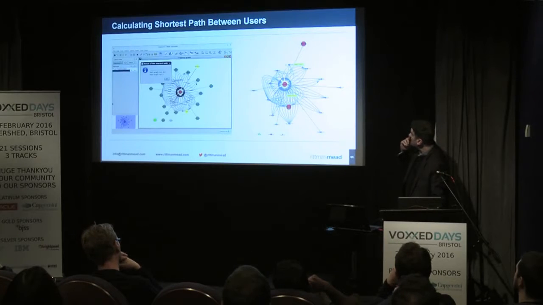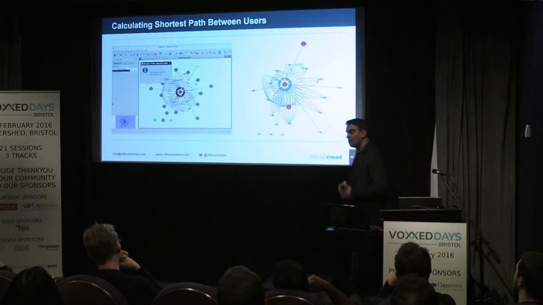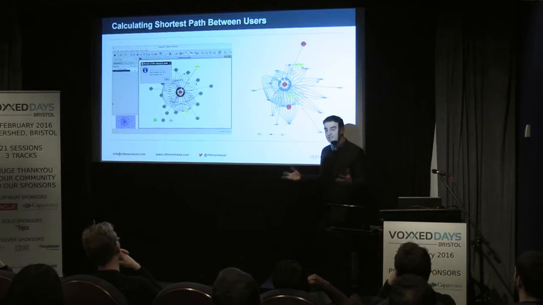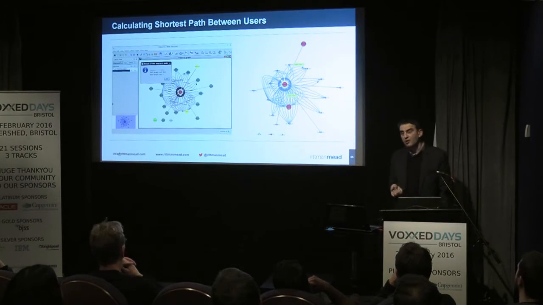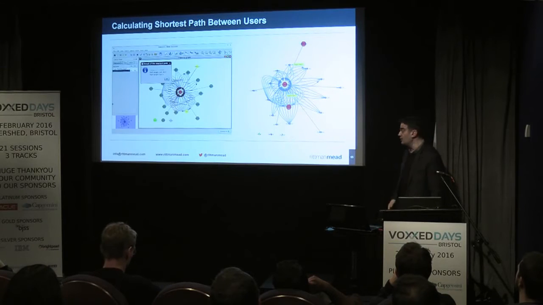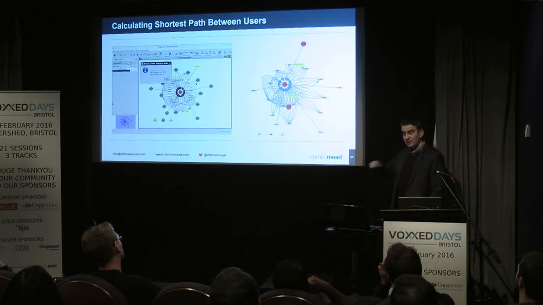We can also do things like shortest path. A lot of the activity at this event is around recruitment. Imagine I was trying to recruit one of you in this room, or you're trying to contact me. There are different ways to get to me through different people, depending on the strength of relationships.